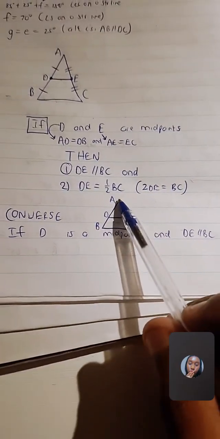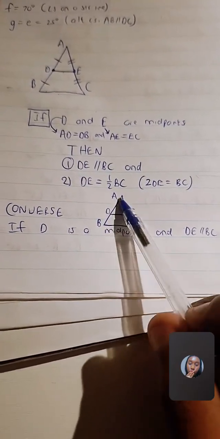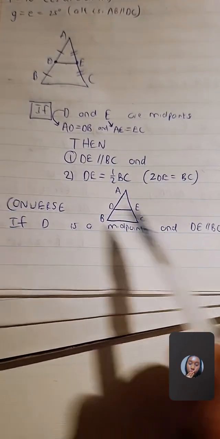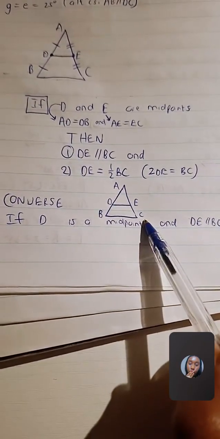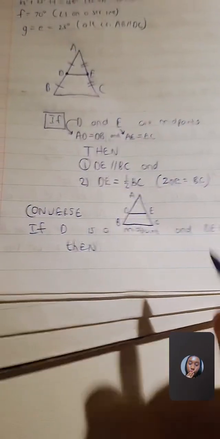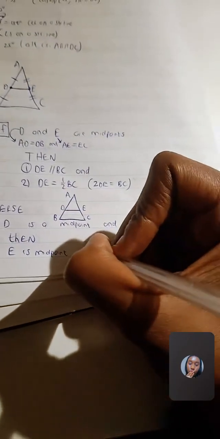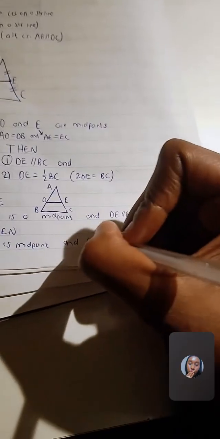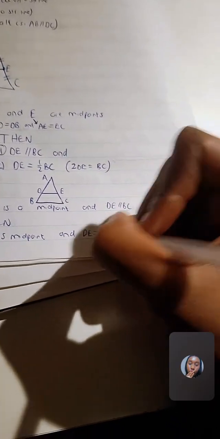If D is a midpoint, that means AD is equal to DB, and DE is parallel to BC, the conditions are those now. Then E is a midpoint and DE is half of BC.